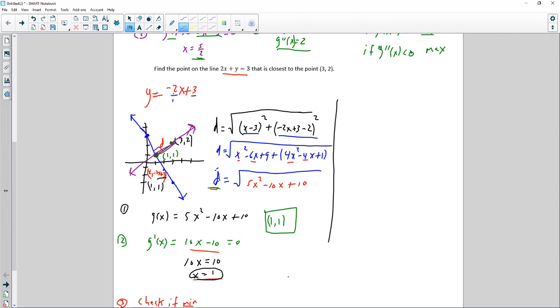So here's what I need to know. I know the slope of this line is -2, or -2/1. So the perpendicular slope will be the opposite reciprocal, which is +1/2. So I can make an equation of this purple line, and I can say this equation would equal 1/2 x plus b.